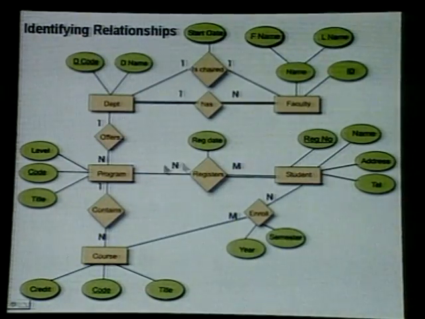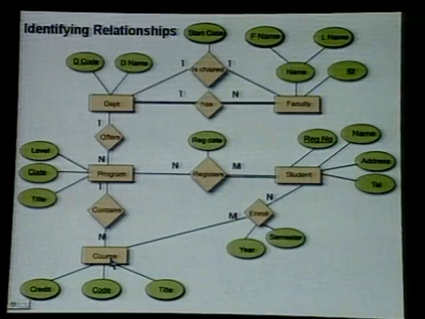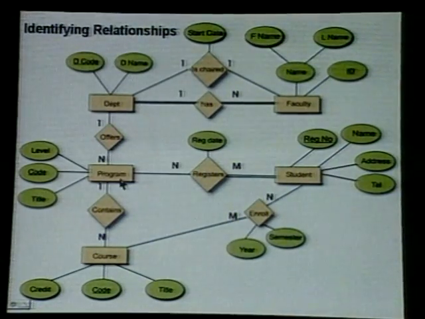Similarly, a department offers programs, and a program contains courses. Program is also related with student. That means a student registers in a particular program, and a student also enrolls in a course.